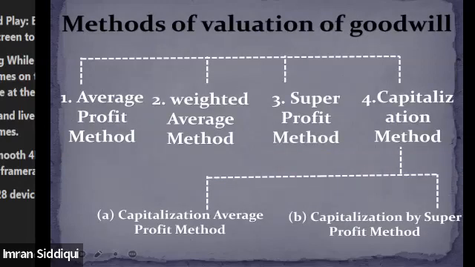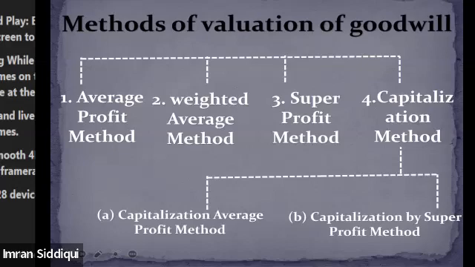I must have discussed that there are various methods by which goodwill can be valued. Specifically, there are four methods by which we can calculate goodwill, and this is very important from the examination point of view as well. The first method is the average profit method. Then we have the weighted average method, super profit method, and capitalization method.